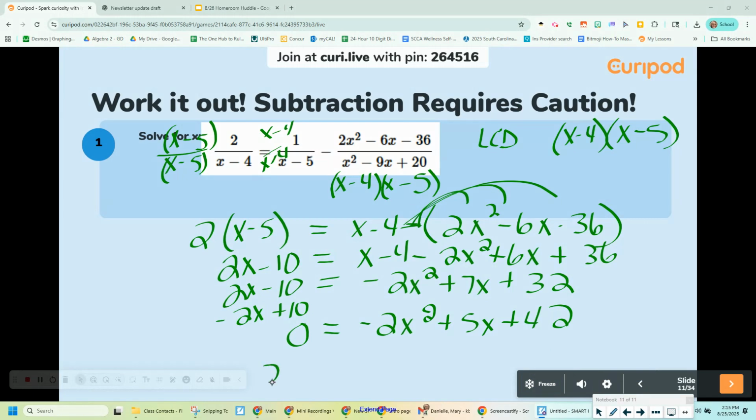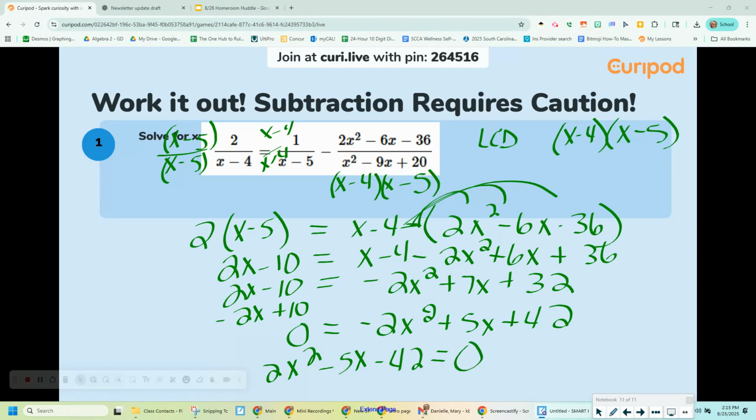So I'm going to change my signs to x squared minus 5x minus 42 equals 0. And now I can factor by either grouping or the quadratic formula, however you find it's easier to do this factoring.